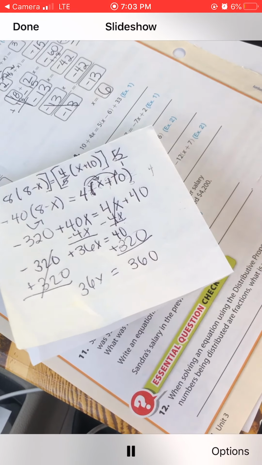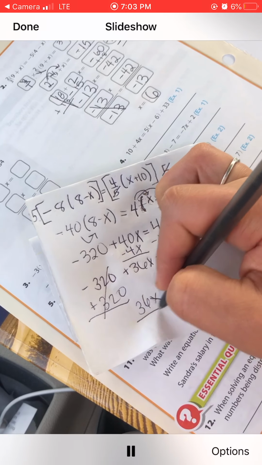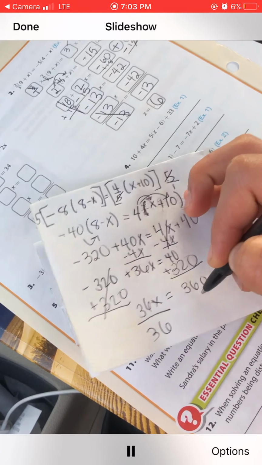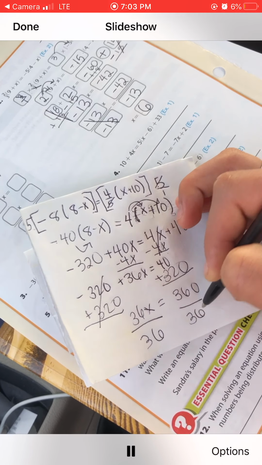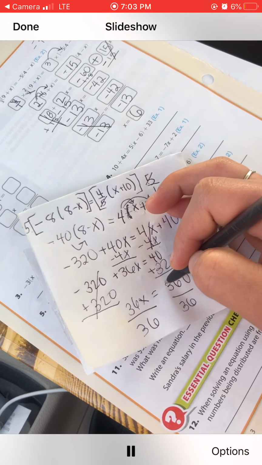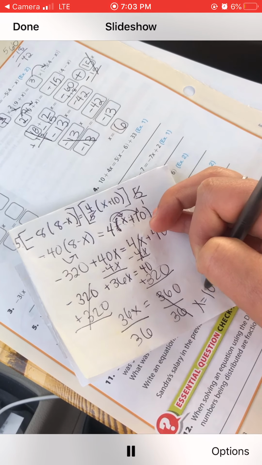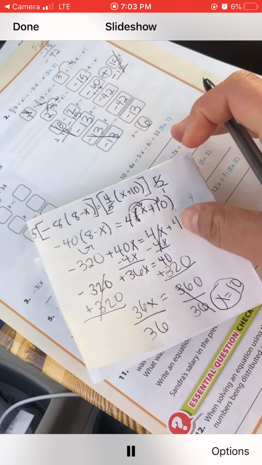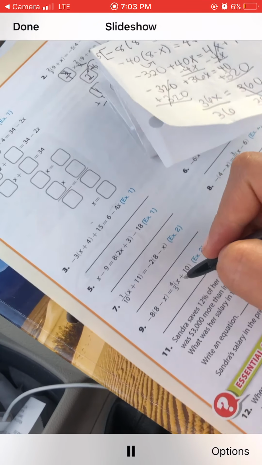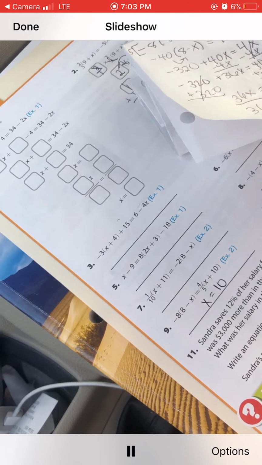And now, as we can tell, x is going to equal 1 because we're going to divide by 36. Oh, not 1, sorry, it'll be 10. That gets canceled out, and x equals 10. So for number 9, the answer is going to be x equals 10.